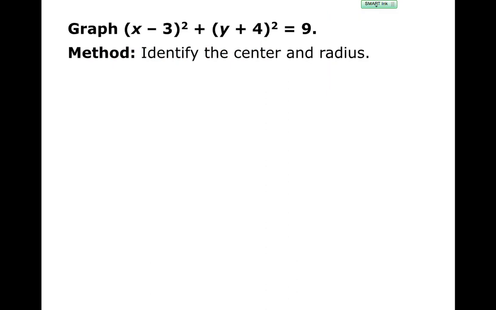Okay, for the next one, it's not a center of 0, 0. So what would be the center? Watch your positives and negatives. What is the H? What is the K? The 9 is already squared.